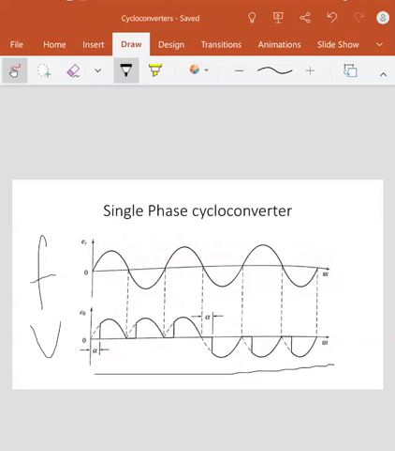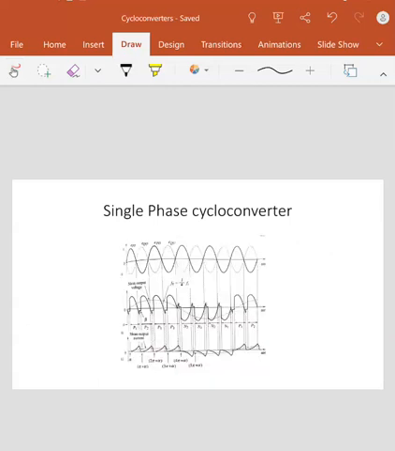So the firing angle you can vary from 0 to 180 degrees. When I increase the firing angle, the output voltage decreases. And by doing alternate positive and negative cycles, or changing the number of cycles in the positive and negative cycle, we can change the frequency also. And this is the thing with respect to the resistive load.